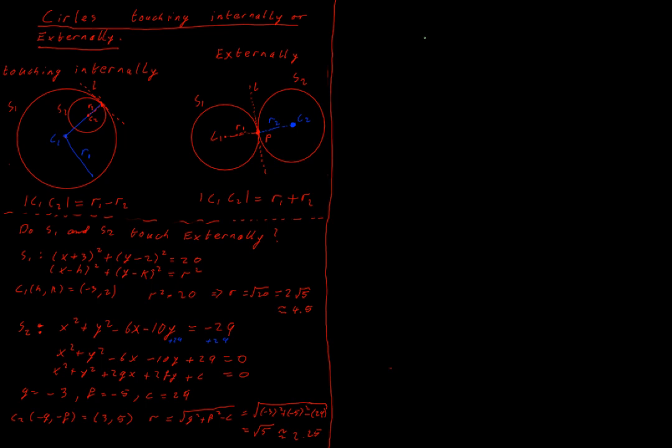So looking then at what I need to include, I need to go to (-3, 2). 1, 2, 3. -3, 2. 1, 2. So that's the center of circle 1. And I know that I have a radius of about 4.5. I'm going to end up somewhere around like that.